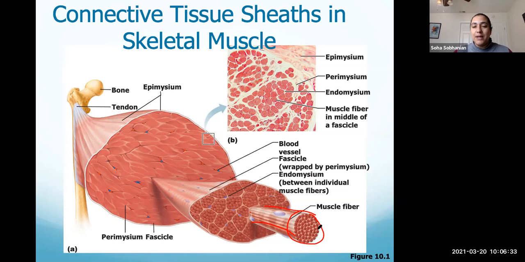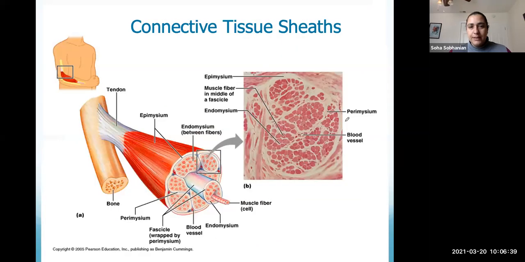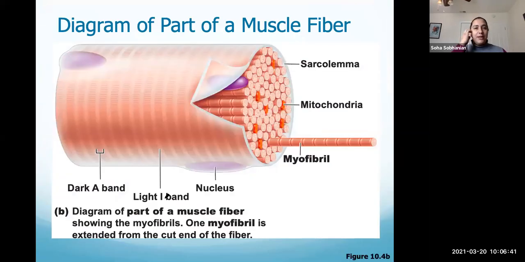You can see most of the space inside the muscle fiber is taken by these myofibrils. Here's another picture, zoomed in. This structure as a whole is a muscle fiber, or a muscle cell, and what we're pulling out of this is the myofibrils.